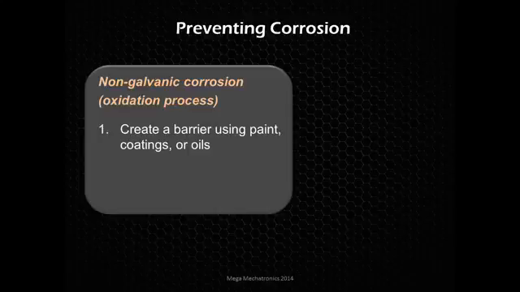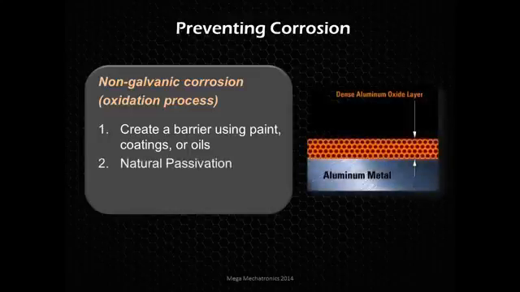So your steel stock, if you don't want that stuff to rust, just put a coat of oil on it. And there is this natural passivation, and this is why aluminum is a great material, because it creates a very dense aluminum oxide layer that acts like a coating and prevents moisture and oxygen from attacking it. That's why it's used a lot in water, building docks and things like that.